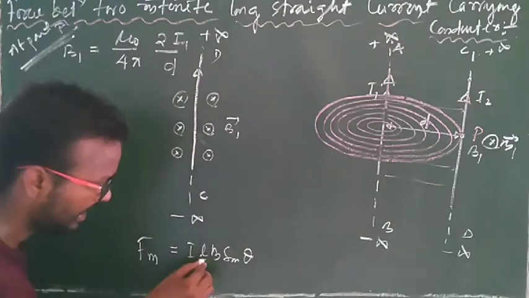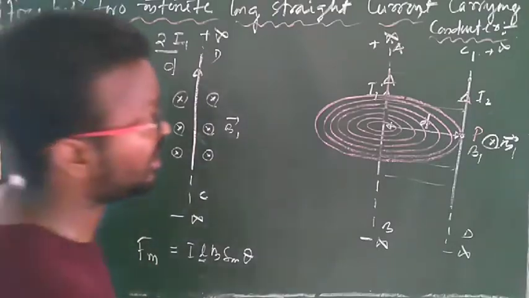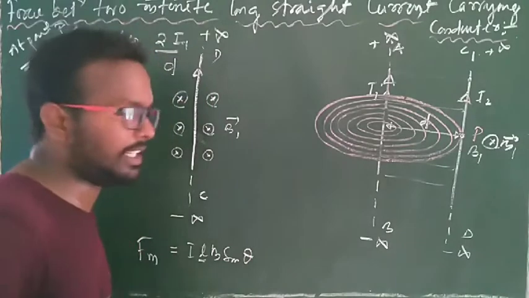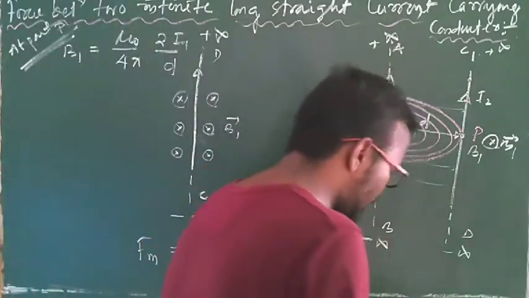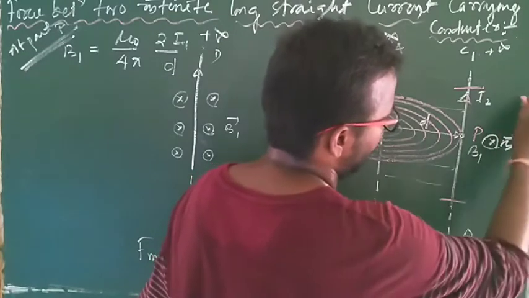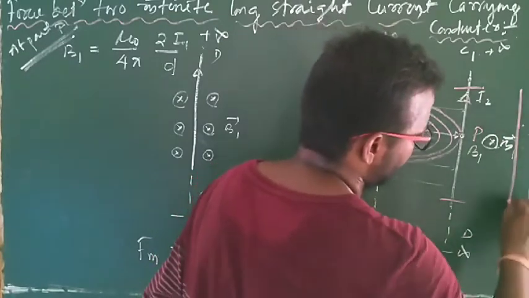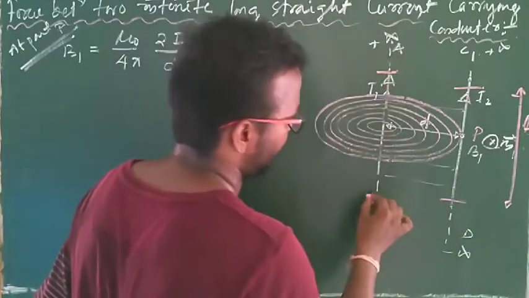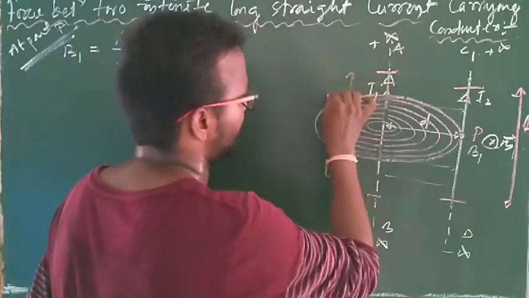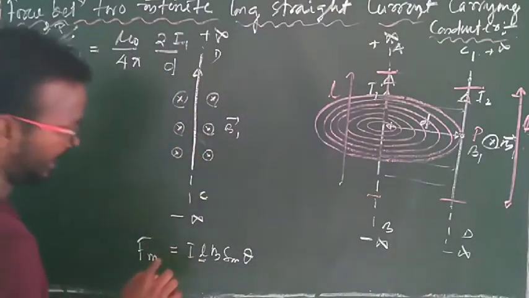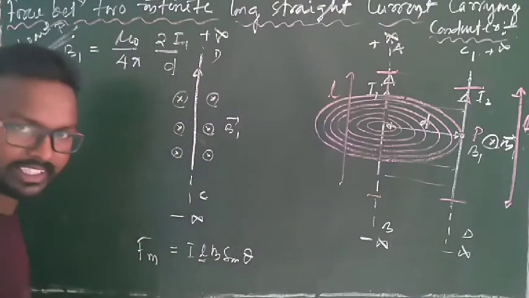Clear? What is L? L means the length of the conductor, but here it is infinite length. So it is difficult to determine for infinite length. So first, suppose this length is L, a finite length. So Fm equals ILB sin theta.